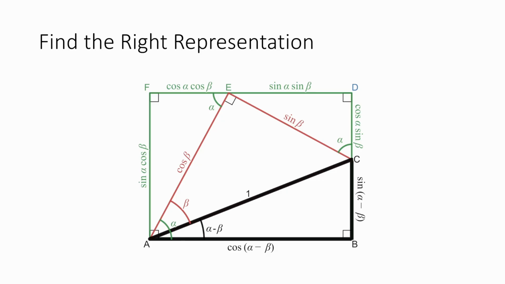So if you look at the black triangle in the bottom right, that triangle ABC in the bottom right corner, then you can see that we have this base of that triangle, the cosine alpha minus beta side, and that other leg of that triangle, sine of alpha minus beta.